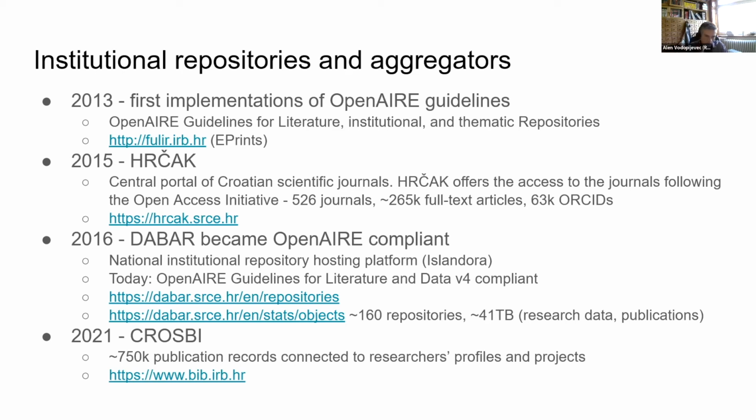And also we have the Croatian Scientific Bibliography project, which is also compliant, and we are sharing the scientific results of scientific research with OpenAIRE and with the global community.